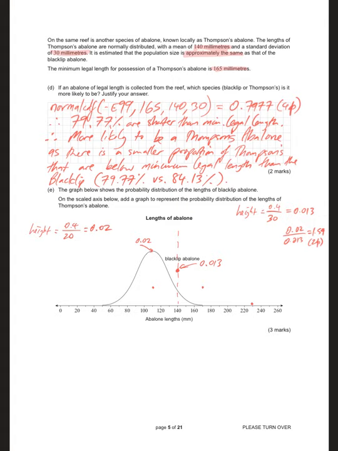So the graph finishes on about the same place. So a concave section, then a convex section, about like that. Alright, so that's that page done. Moving on.